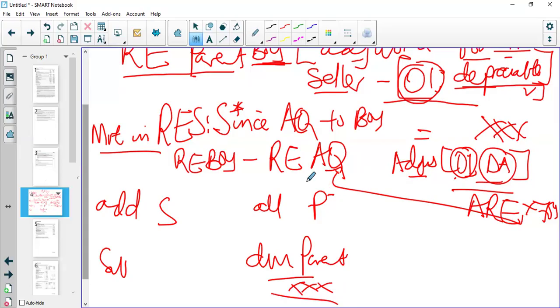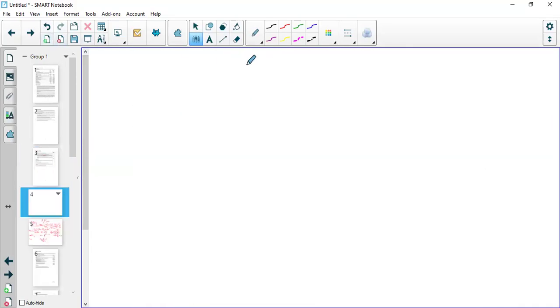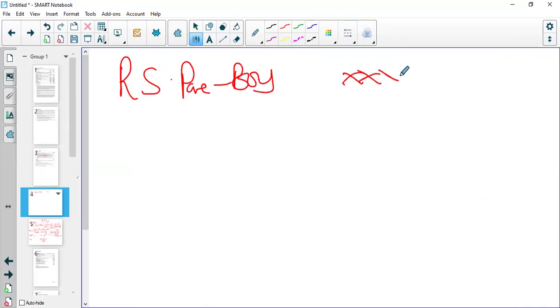So it's not too difficult, and the same applies to the revaluation surplus. We have a revaluation surplus column. Now, revaluation surplus doesn't have adjustments. So we're going to just take the revaluation surplus of the parent at the beginning of the year.